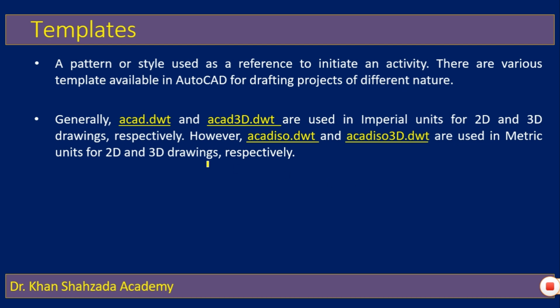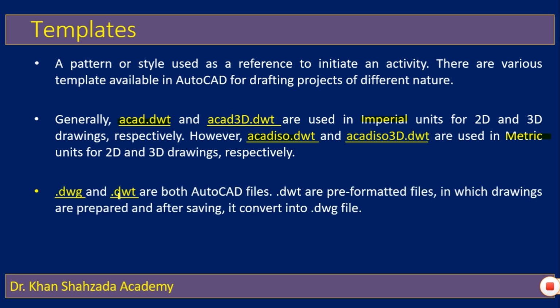The ACAD.dwt or ACAD 3D.dwt are the templates that are used in imperial units for 2D and 3D drawing respectively. However, ACAD ISO.dwt and ACAD ISO 3D.dwt are used in the metric system for 2D and 3D drawing respectively.